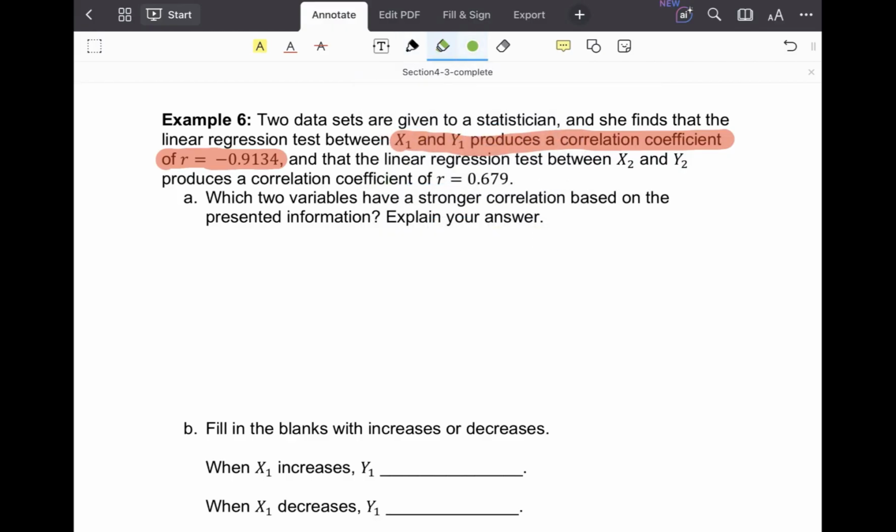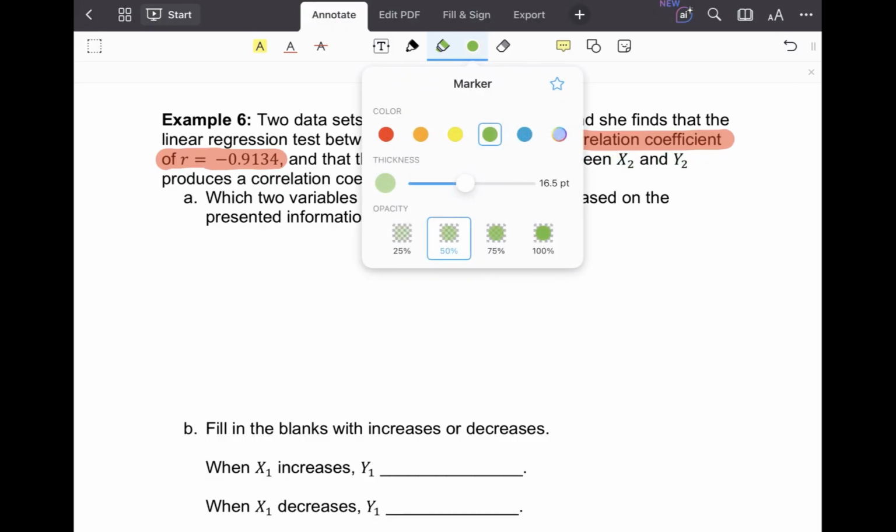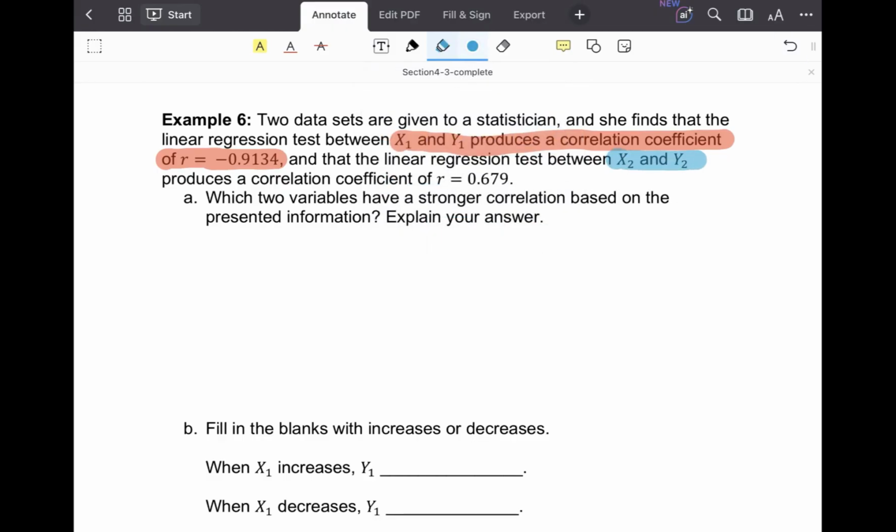And for x2, y2, that produces a correlation coefficient of 67.9%. Now, the first question is which one has a stronger correlation? And it's the one that's closer to 1 or negative 1, the one that has the stronger correlation. So it would be x1 and y1.